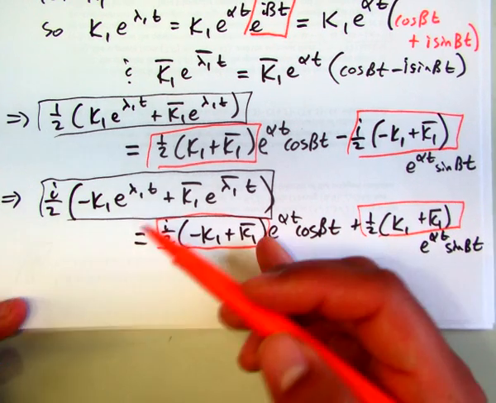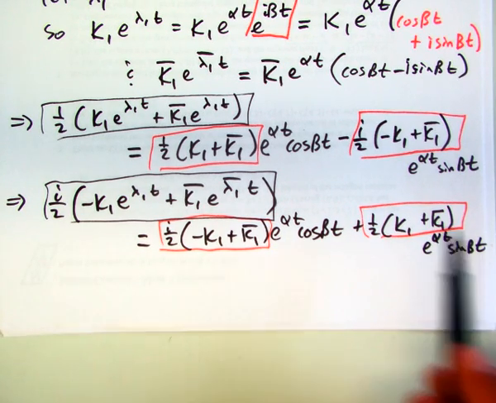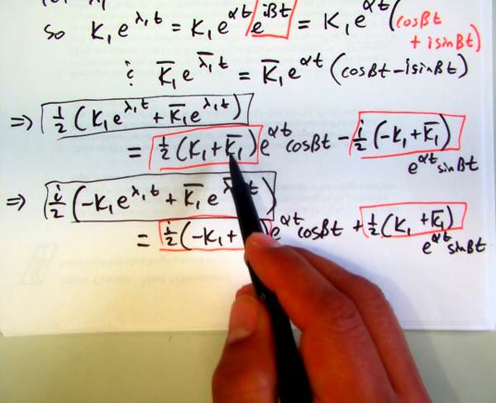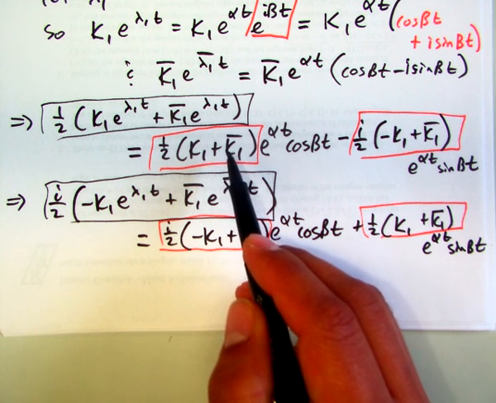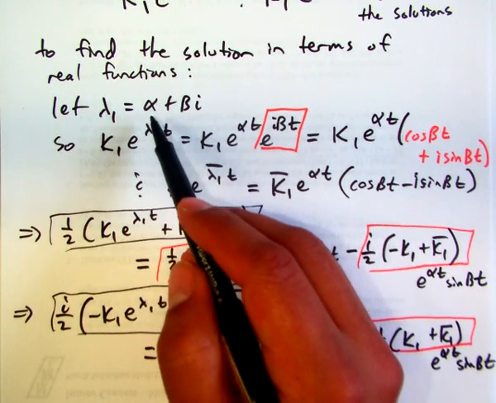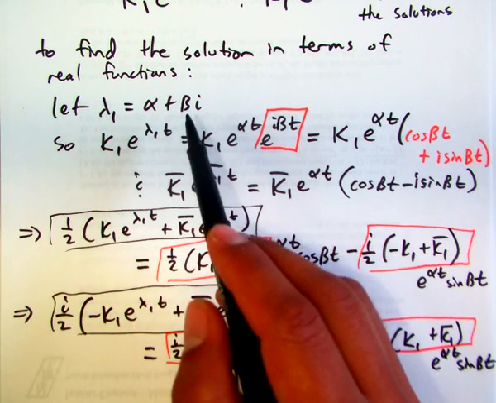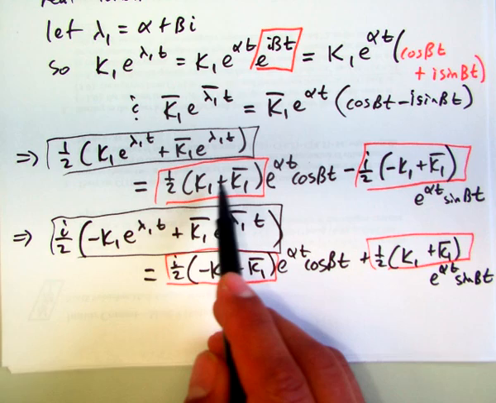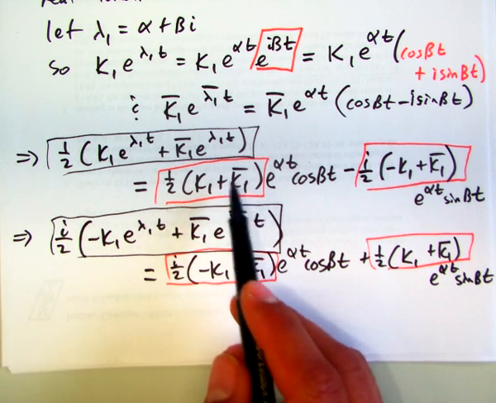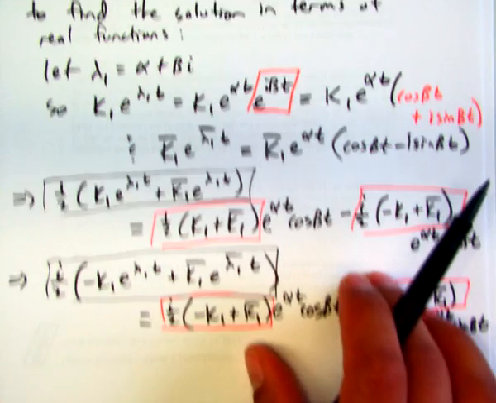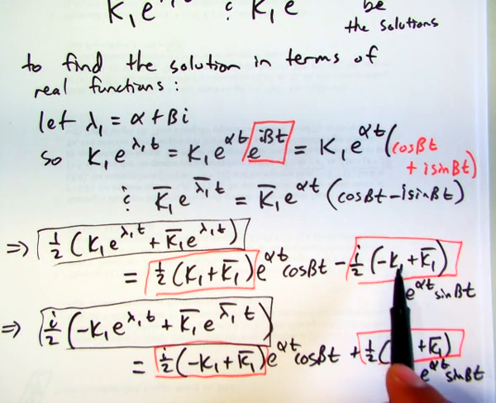If you take half of k1 plus the conjugate of k1, when you add the two conjugates together, you're going to get 2a essentially, or alpha in this case, because you have 2 alpha, and then the minus beta i plus the beta i cancel out, so you're just going to get alpha, sorry, used to pre-calc. So this is going to be real, and then if you do the same thing with this term, this coefficient, this is going to produce the coefficient of the imaginary term, which is beta.